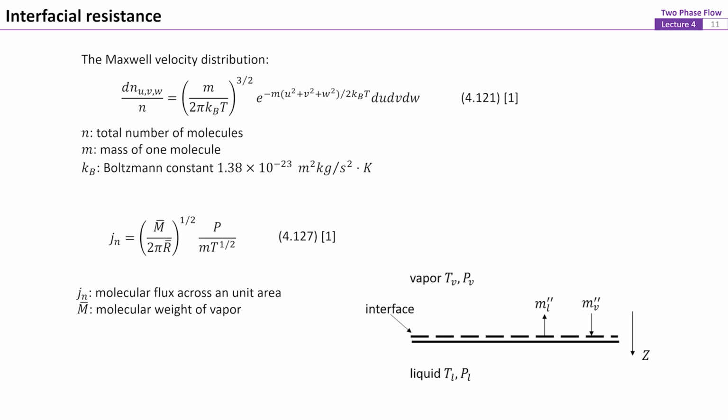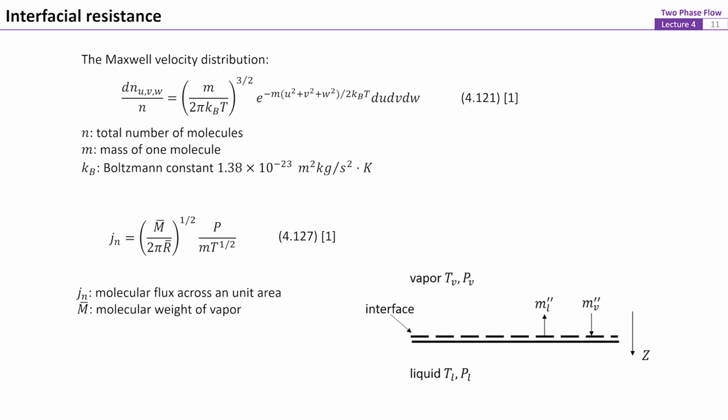With these velocity distributions for molecules, the relation for the total rate at which molecules pass through a unit surface on the liquid-to-vapor interface can be derived as in equation 127.